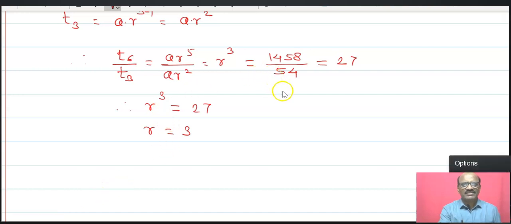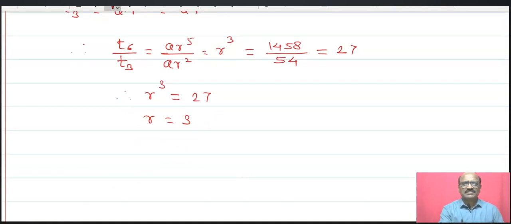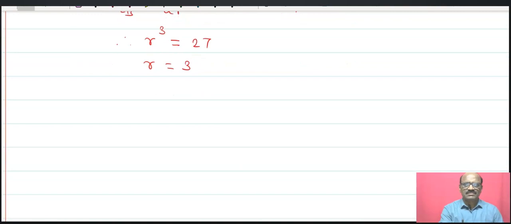We have taken the division, that is 1458 upon 54 is equal to 27, and that's why r cube is equal to 27 and r is equal to 3. Therefore the option A is the correct one and its value is 3.